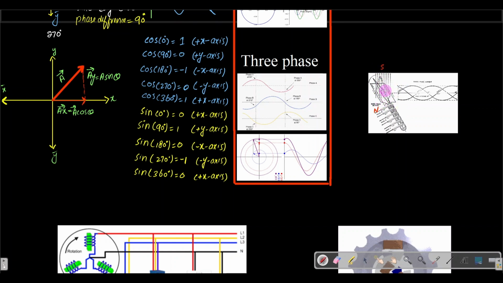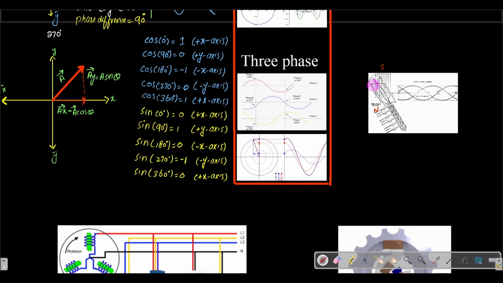In this case the EMF induced in one coil will be different from the EMF induced in the second coil and in the third coil, because each coil is making a specific angle with the external magnetic field.